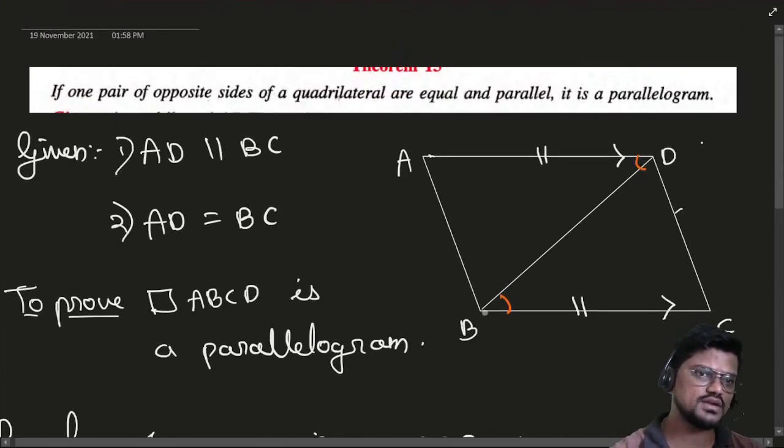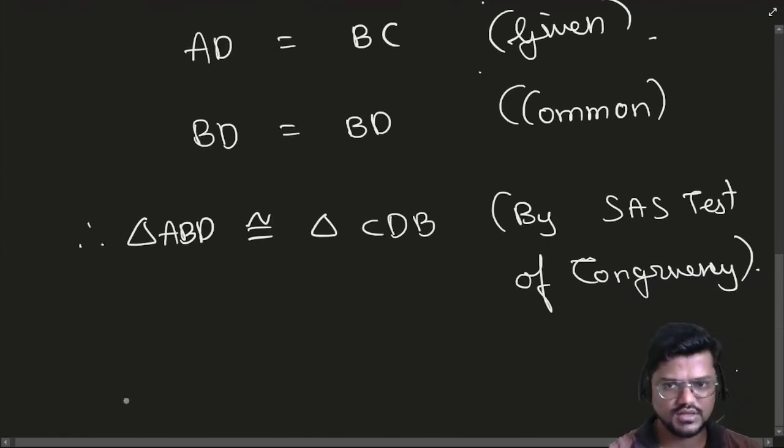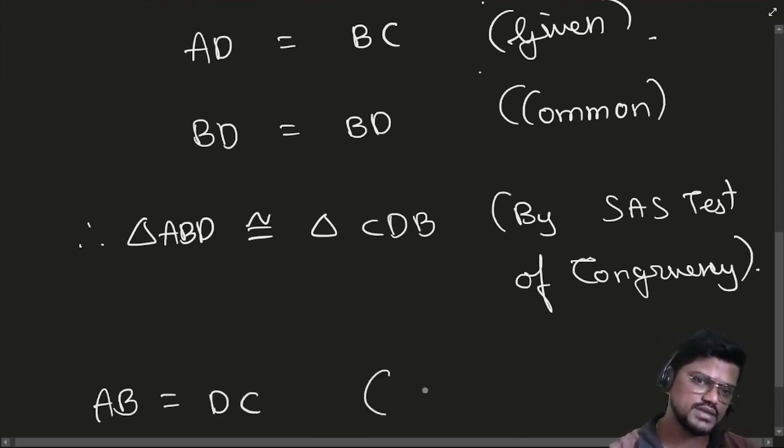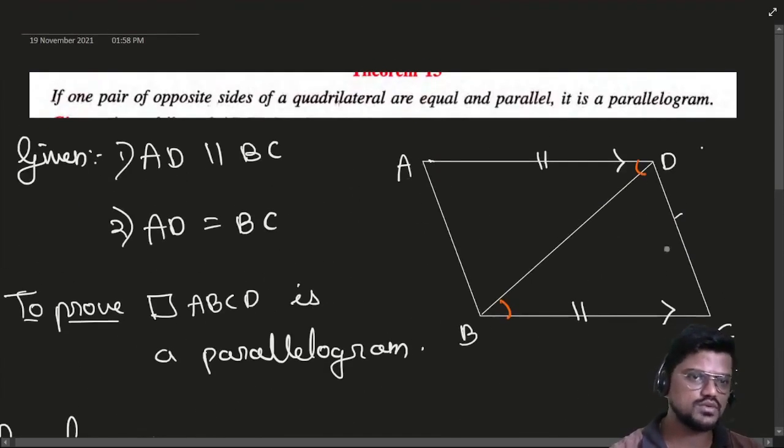Now, once I have proved that the two triangles are congruent, then all the rest of the corresponding sides will be equal. Then I can say AB is equal to DC. Why? By congruency.